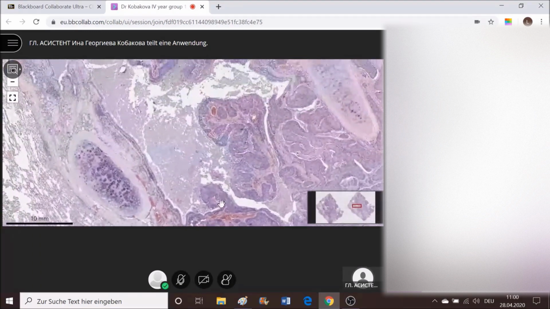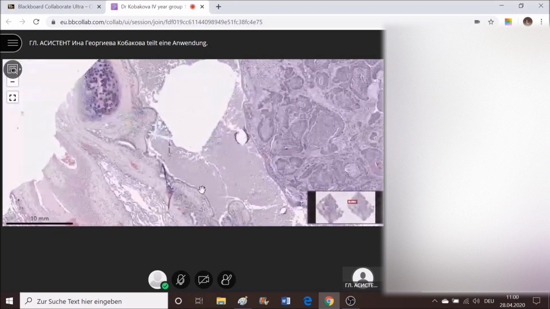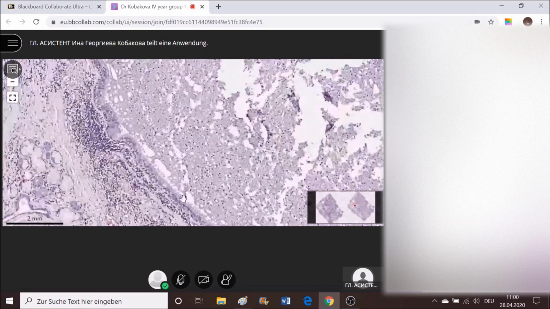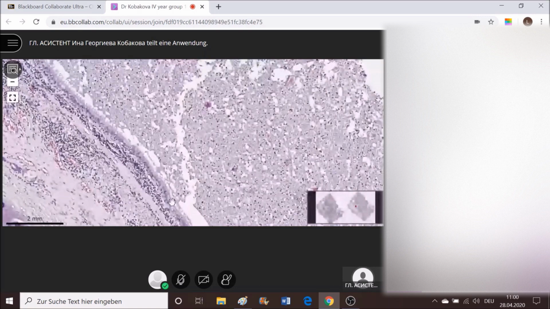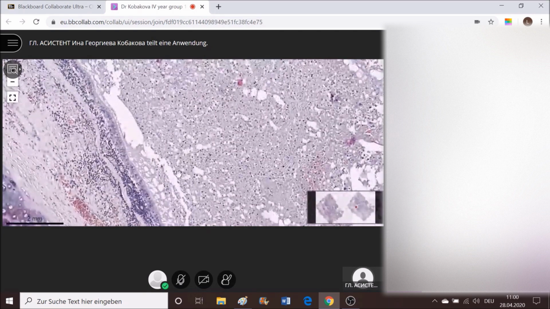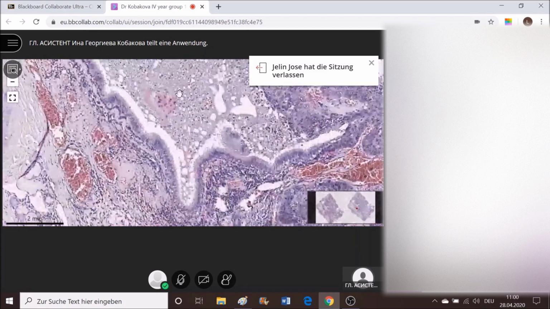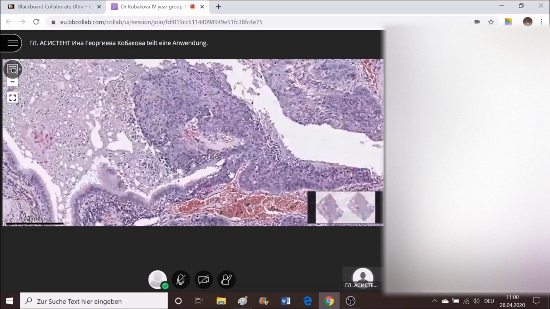And here there is a bronchus. That is remnants of respiratory epithelium here. It's filled with fluid, as you can see. And we might be able to take a look at where the tumor starts exactly.